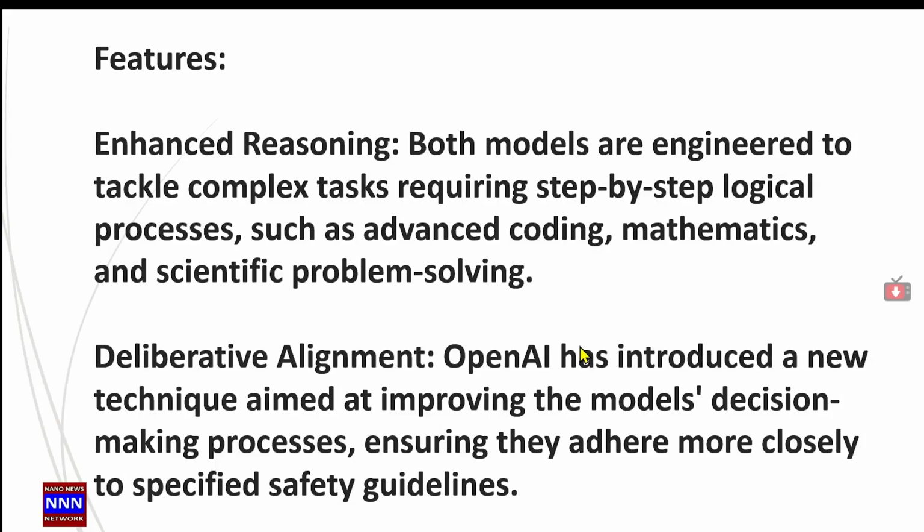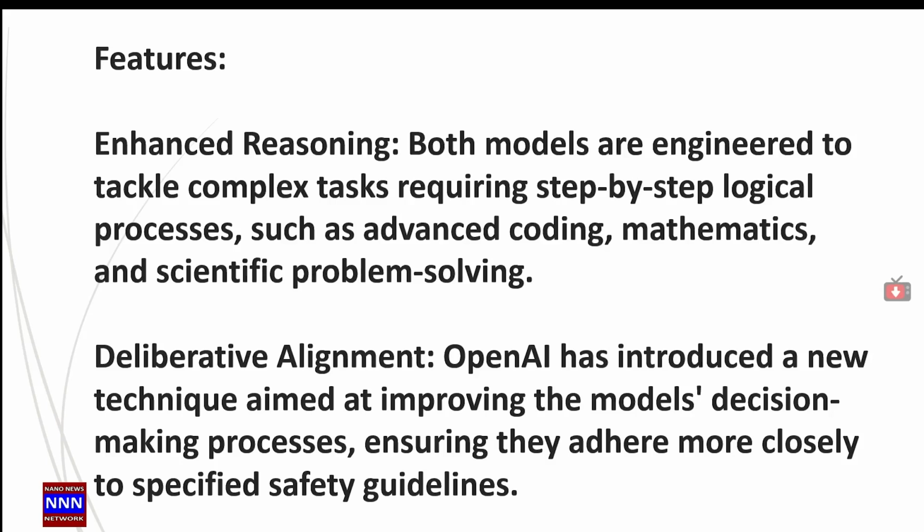What are the features of OpenAI O3? It has enhanced reasoning. Both models are engineered to tackle complex tasks requiring step-by-step logical processes such as advanced coding, mathematics, and scientific problem solving. Deliberative alignment.